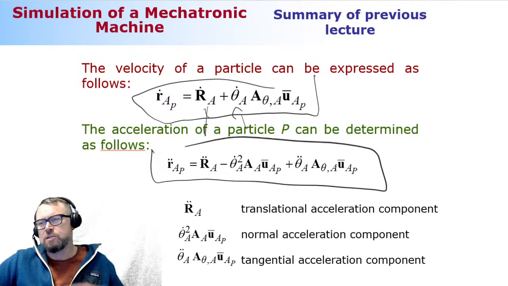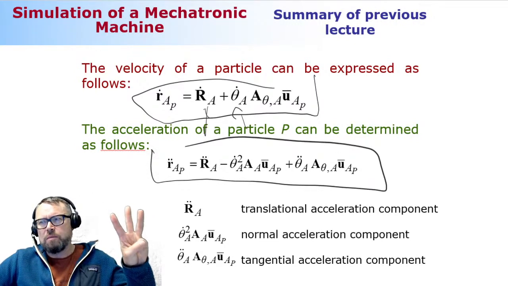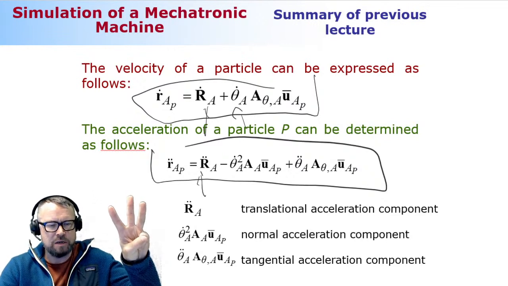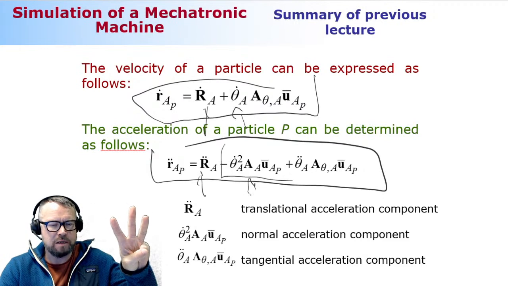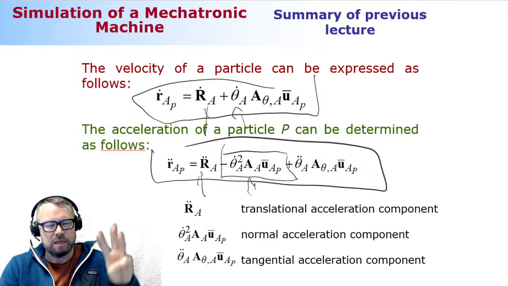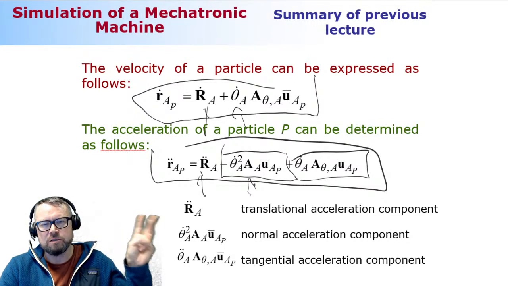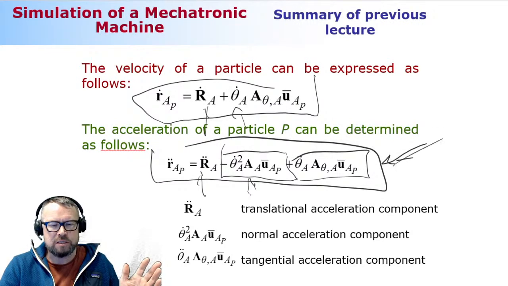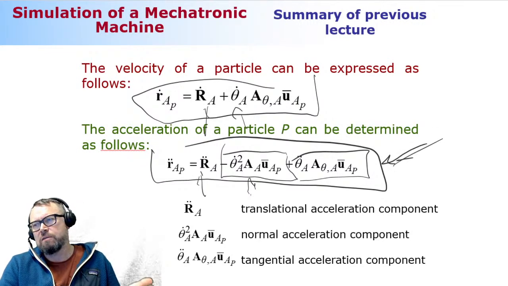Now this one consists of three components. There is a translational acceleration, a normal acceleration due to the rotation, which is the one that is quadratically related to velocities, and then a tangential acceleration, again due to the rotation. So those are the three components. We will get back to this once we start discussing inertia forces.